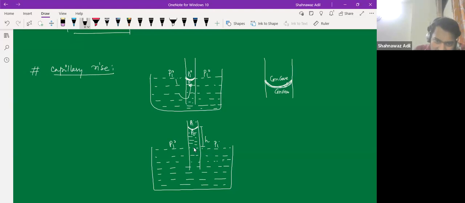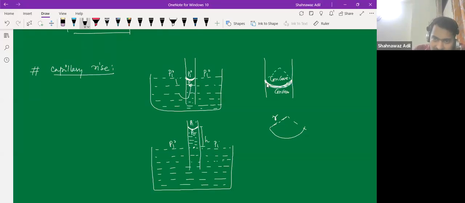So this point is also Pi. And what do we know? We know that this concave part is a part of a circle. So its radius would be this R, right? So it will have some radius.